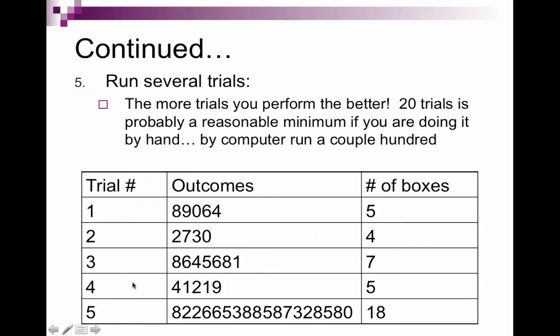In the third trial, it took us 7. I had Serena, Beckham, Serena, Woods. Took us 7 boxes of cereal. In the fourth trial, it took us 5. And then in the fifth trial, it took us 18. Sometimes it will take a lot more than others.